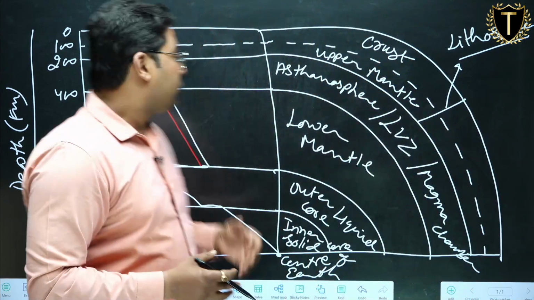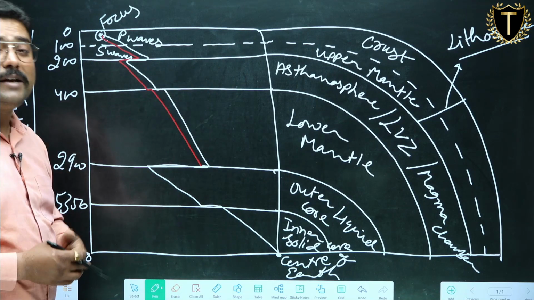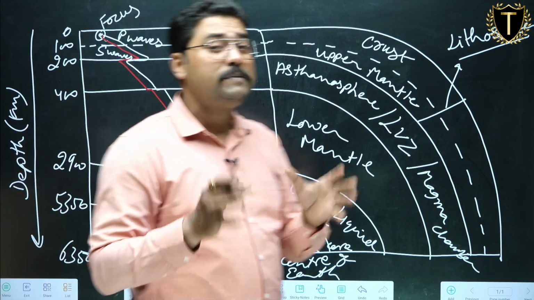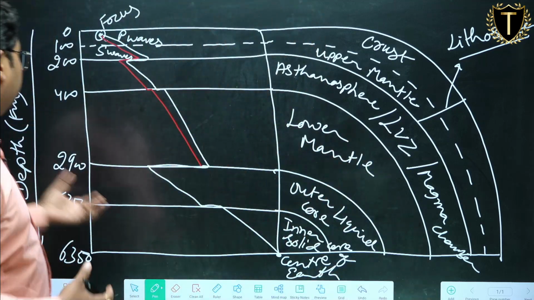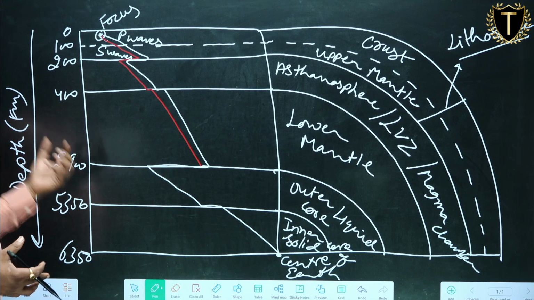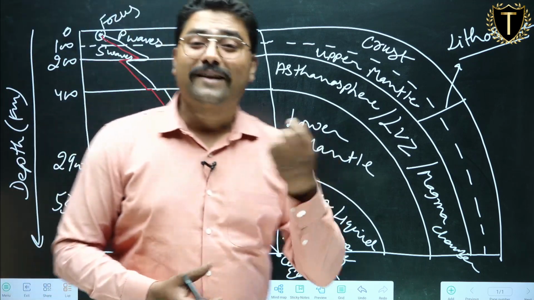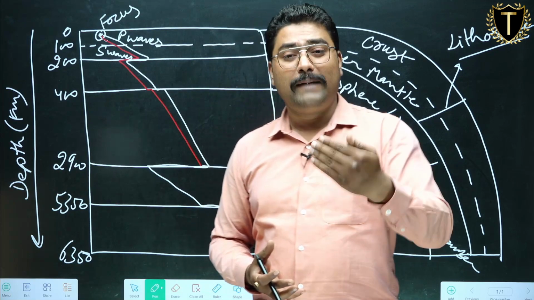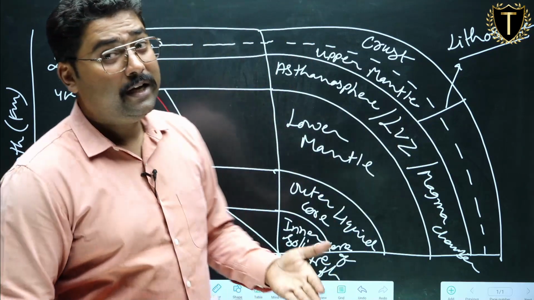Then after 400 kilometer of depth, suddenly the speed of primary and secondary increases, which means the matter has become again solid, which has been considered as lower mantle. And over the depth of 2900 kilometer, the speed of primary waves decreases drastically, means the matter has changed from solid to liquid.